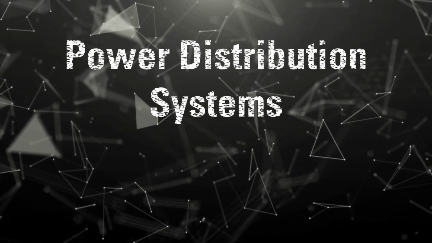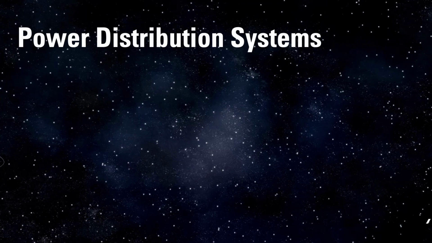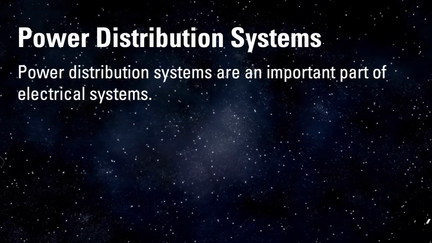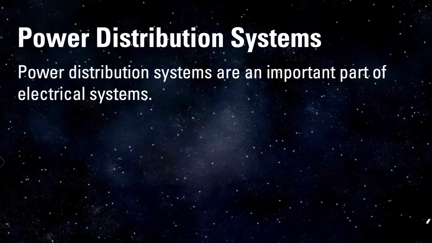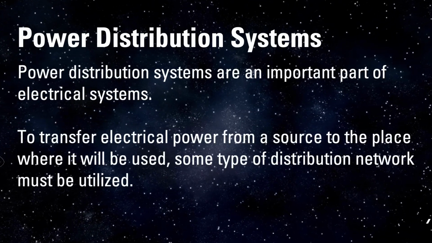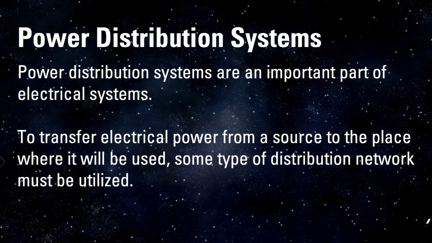So what are power distribution systems? Power distribution systems are an important part of electrical systems. To transfer electrical power from a source to the place where it will be used, some type of distribution network must be utilized.